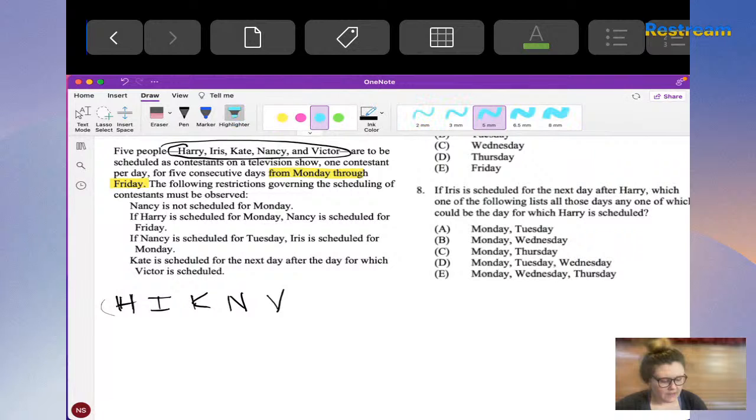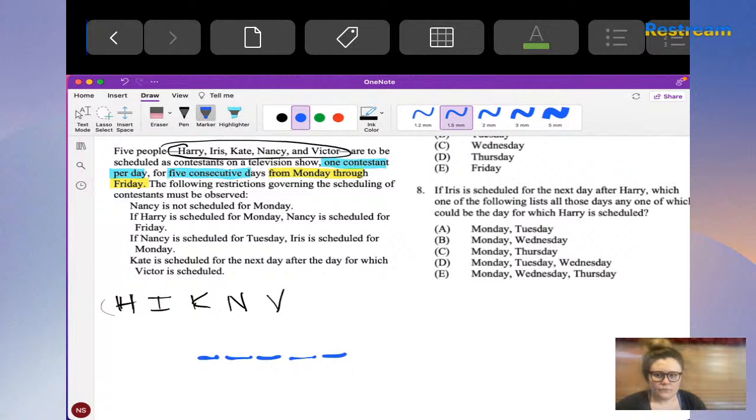So we're putting something in order, right? We have one contestant per day and we have 5 consecutive days, Monday through Friday. So we know that we have Monday, Tuesday, Wednesday, Thursday, Friday, and this is going to be in order. So let's go ahead and look at our first rule here.